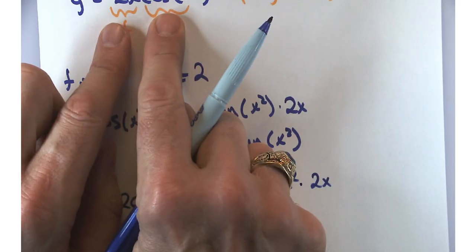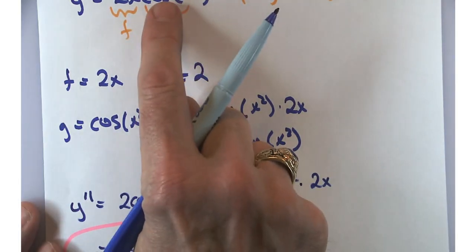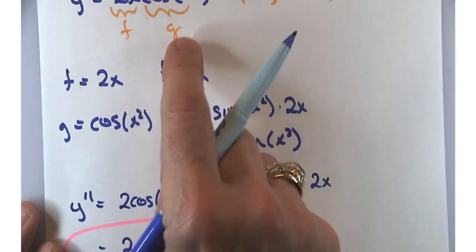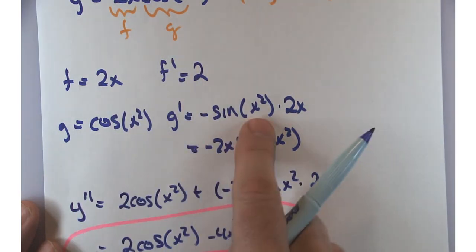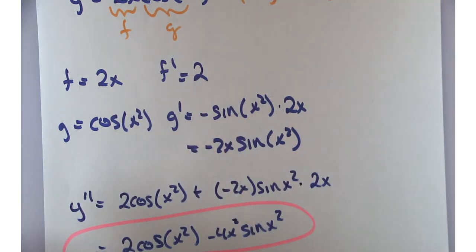And because this function is really the composition of two functions, we had to use the chain rule when we differentiated that one. So it was a combination of both of those. So you got a twofer on this one. You got to use the product rule and the chain rule. So you're just going to have to look at these functions and decide how they're broken up.